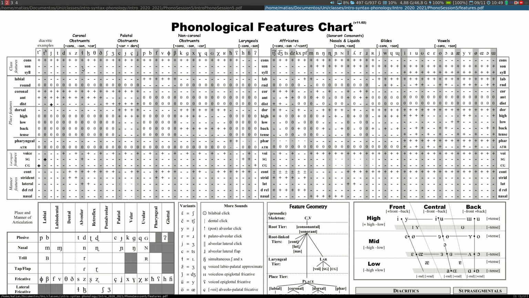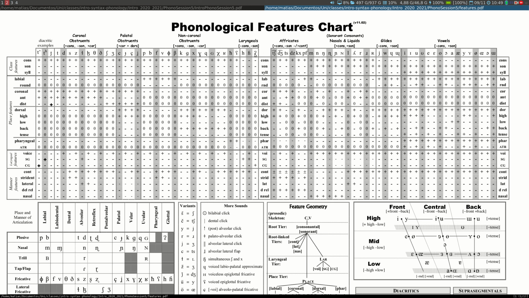So here are a few examples of what I'm talking about. We want to distinguish consonants here on top from vowels, and that's done with the consonantal feature, which I mentioned before. And all the consonants have a plus value in that feature.